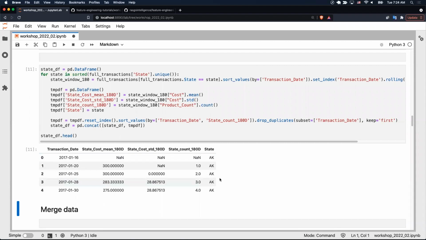You can make this as complicated as you want. You can get to the level of, I'd like to do the state and the product level. The only caveat is, make sure you don't run into such a fine dimension that you have only a handful of transactions.